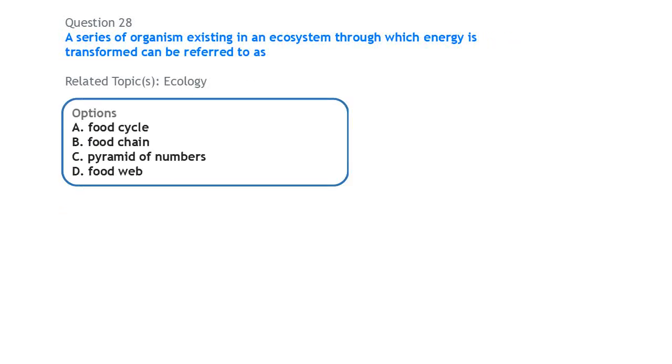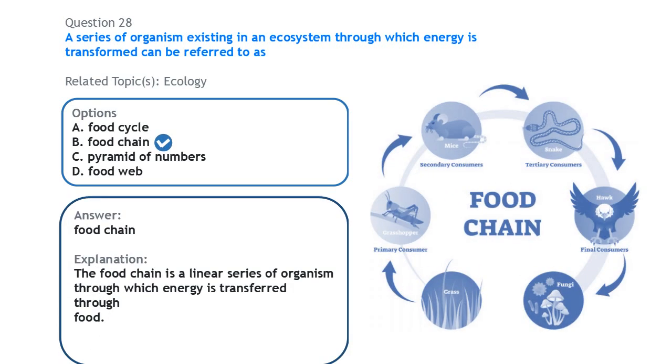Next question on ecology. A series of organisms existing in an ecosystem to which energy is transferred can be referred to as, that would be a food chain. A food chain is a linear series of organisms to which energy is transferred, and the energy is transferred through food.